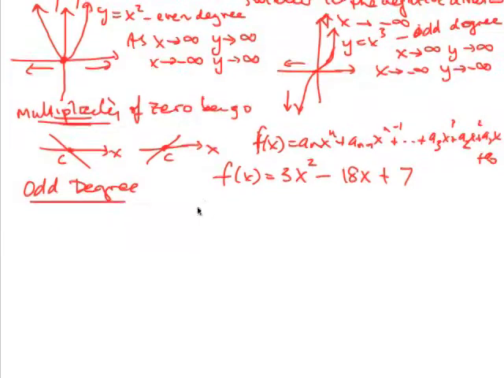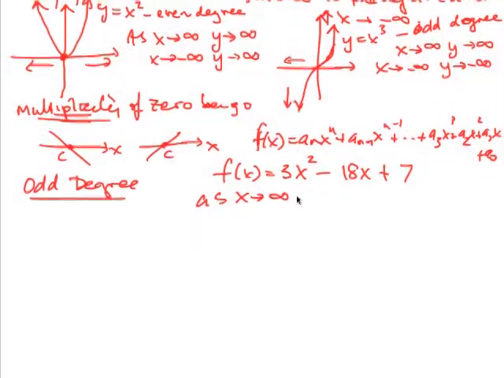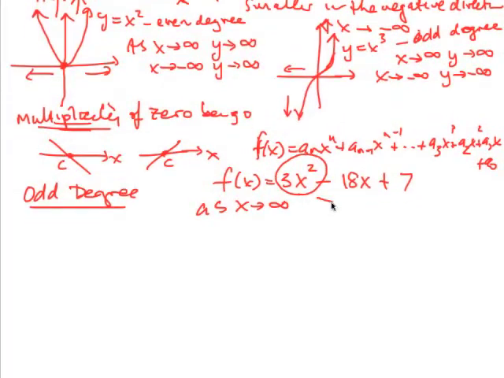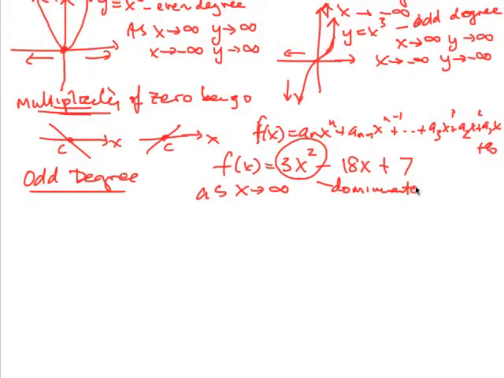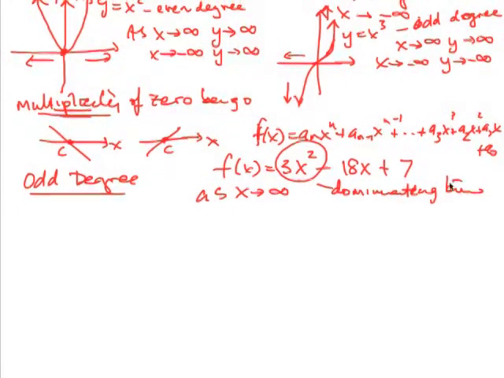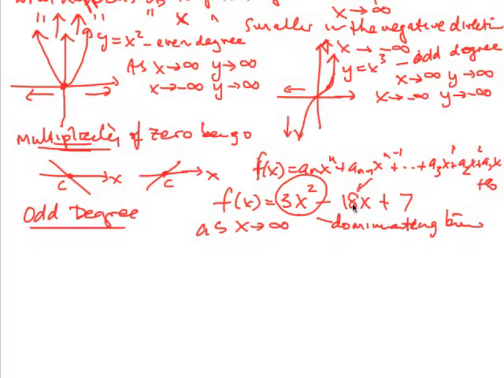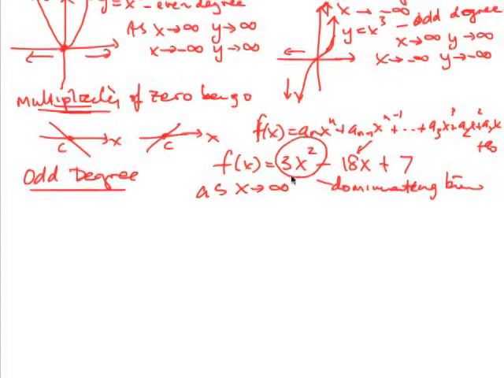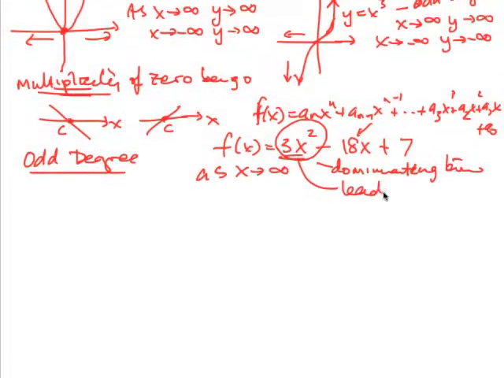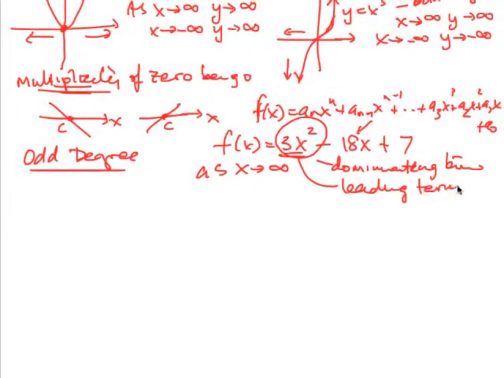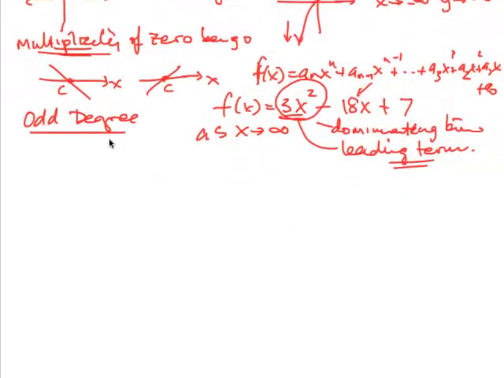Now as x gets larger, this here becomes the dominating term, because as x gets larger and larger, x squared gets even larger, and this negative 18x is not compensating for it. And so when we're considering the end behavior, we really only have to look at the leading term. It's the leading term that is going to be the dominating situation.